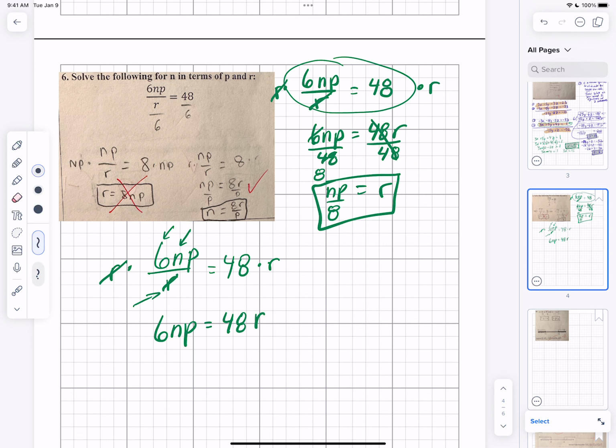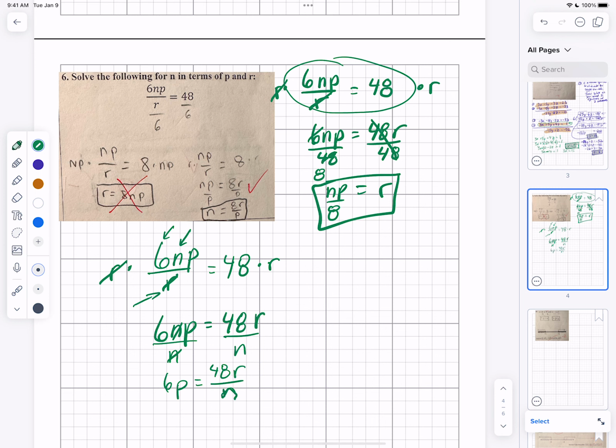Now I'm solving for p, again, I'm solving for p. So I need to get the n off the left side. So I'm going to divide both sides by n. So n's cancel. So now I have 6p equals 48r over n.